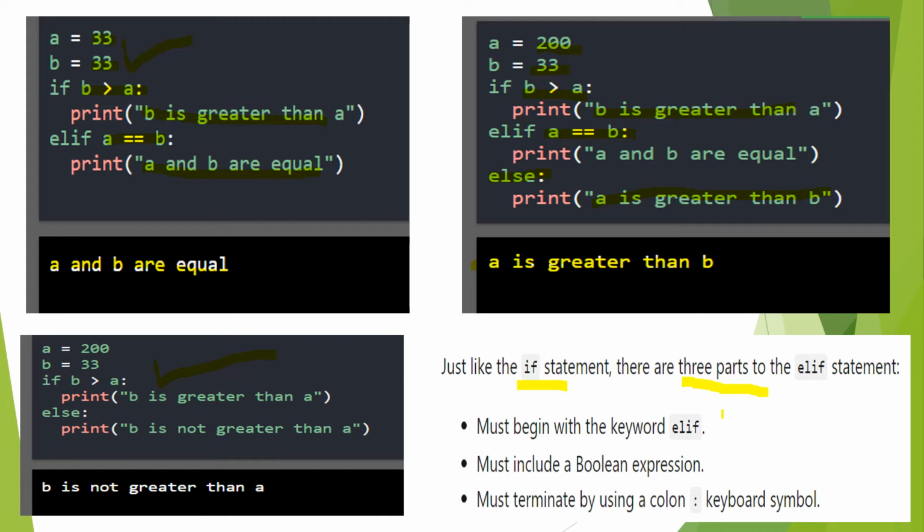It must begin with the keyword elif, as shown in our example here. Must include a Boolean expression. So this is our Boolean expression. Must terminate by using the colon keyboard symbol. And we have here, you can see the colon keyboard symbol. Okay?